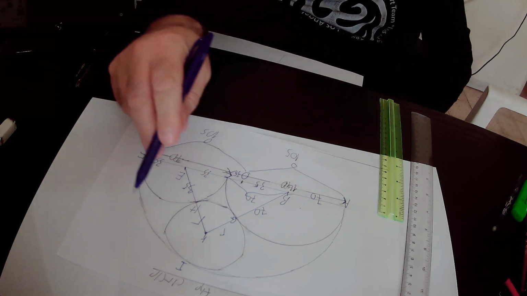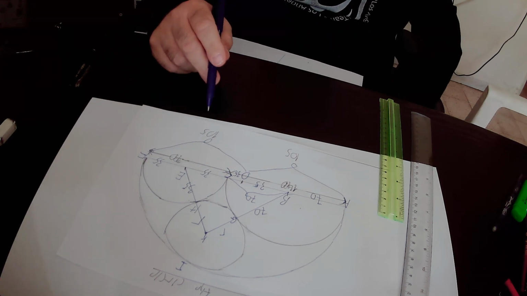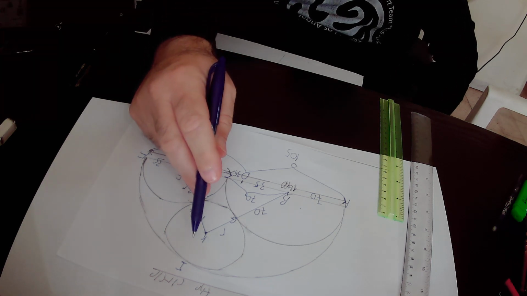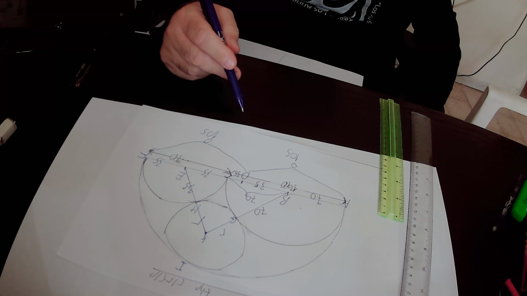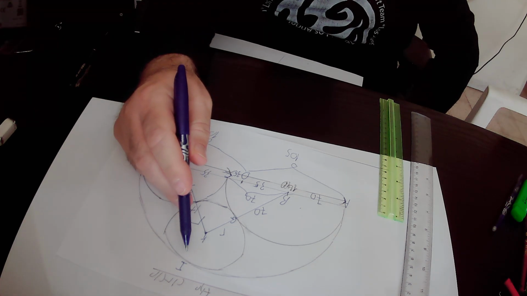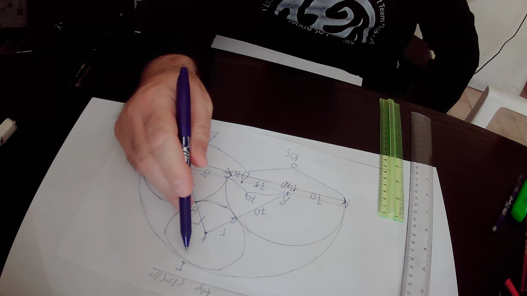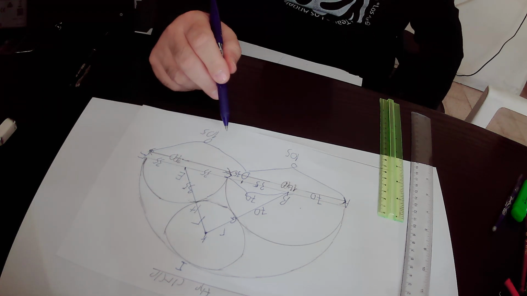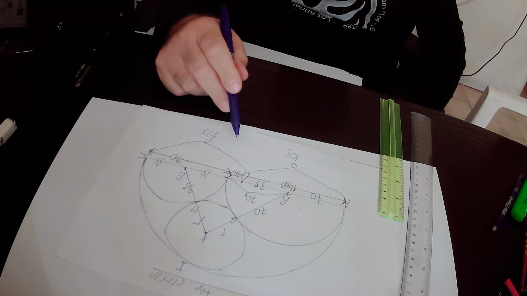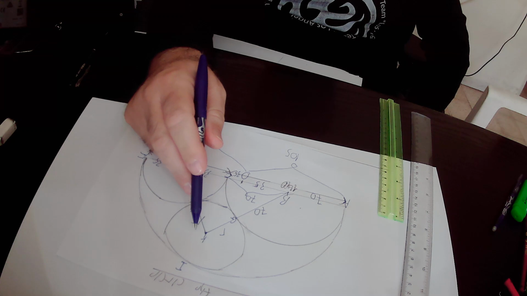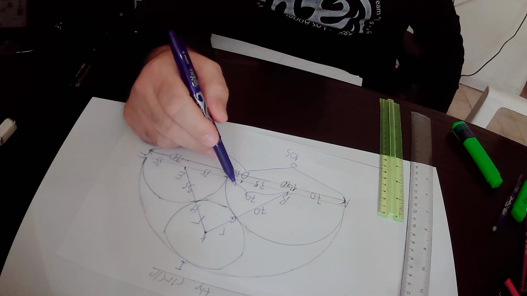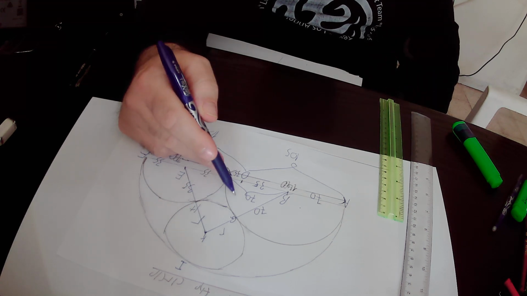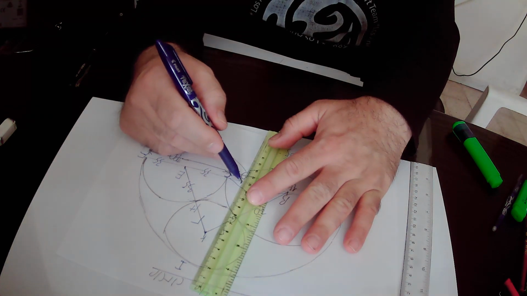The biggest semicircle and this circle have an internal knot between them at point I. Whenever you have two circles or semicircles that have an internal knot between them, that is to say they are touching each other internally at point I, then the straight line that connects their centers together, that is to say OK, must pass through their touching point, that is actually point I. Or in other words, OKI is one straight line.